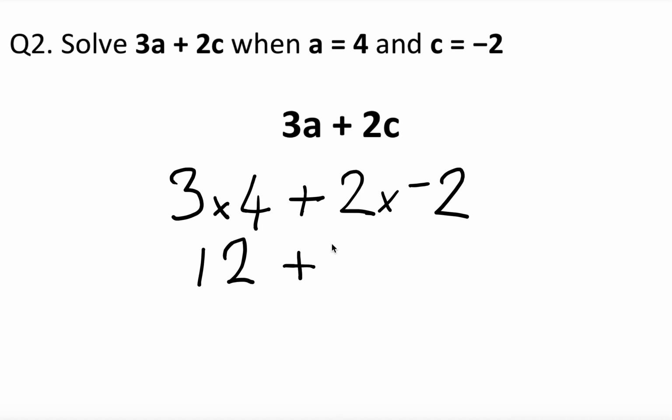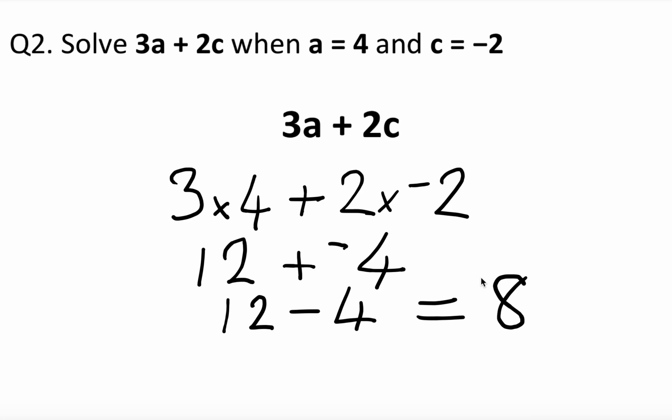So 12 plus minus 4, we write it down, it's 12 minus 4. And what does that equal? 8. So all you do, if you're asked to solve something like that, and you're given the values of a and c, is put them in and work through it.